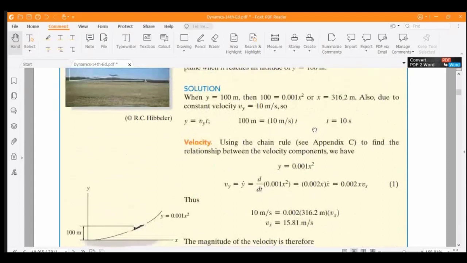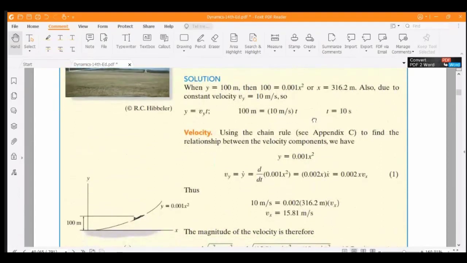X dot means the first time derivative, so that is the vx. And what about the x? Remember, we have found this x here. That is the value of x.